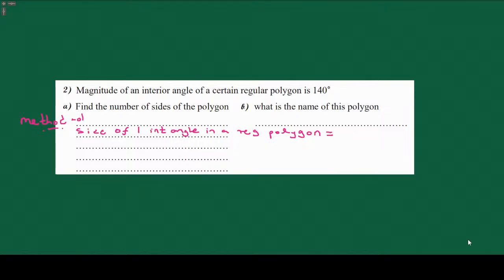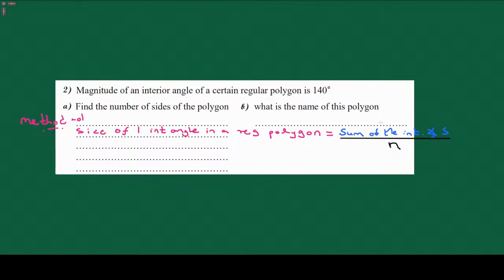For that, first we have to know the sum of all the angles, the sum of the interior angles of that polygon, divided by what? The number of sides the polygon has. So this is the way to find the size of one interior angle in a regular polygon.